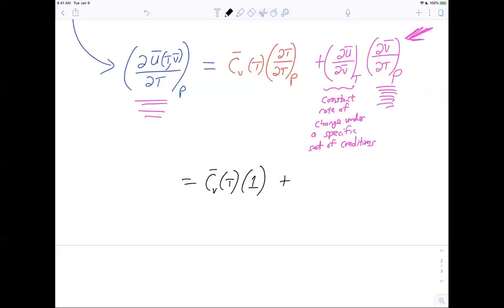Okay, so it turns out that U, recall, U bar or U, same thing for an ideal gas, is only a function of temperature. It doesn't depend on any other variable for an ideal gas. And so what then would be the partial of U bar with respect to V bar for an ideal gas, since we're doing everything here for an ideal gas?